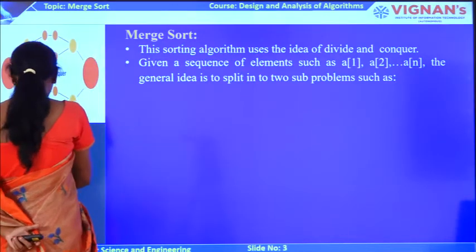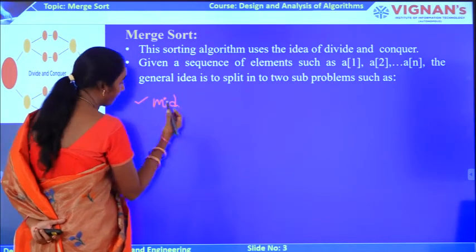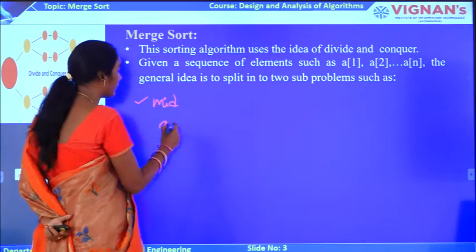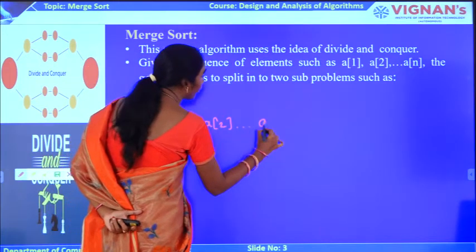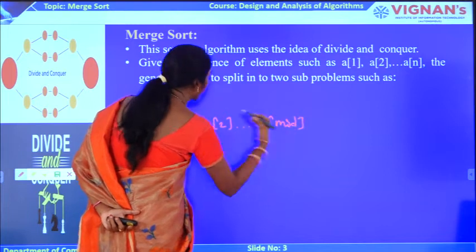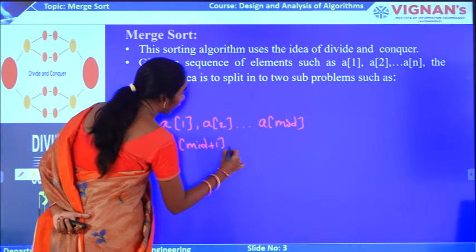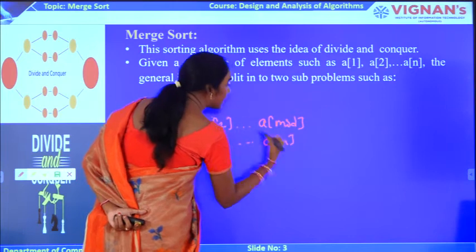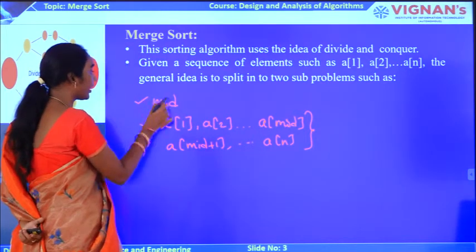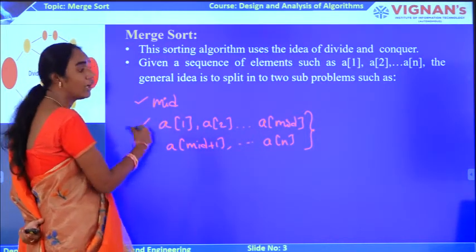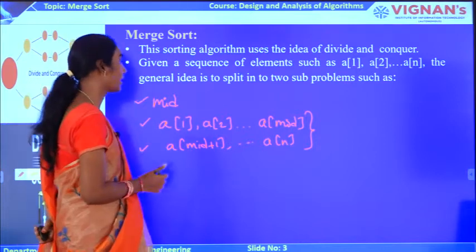After finding the mid, I need to divide the given list. So we divide it into A of 1, A of 2 and so on up to A of mid, which is one sublist, and A of mid plus 1, A of mid plus 2, and so on up to A of n, which is another sublist. Then again I need to apply this procedure: calculate the mid and divide recursively.